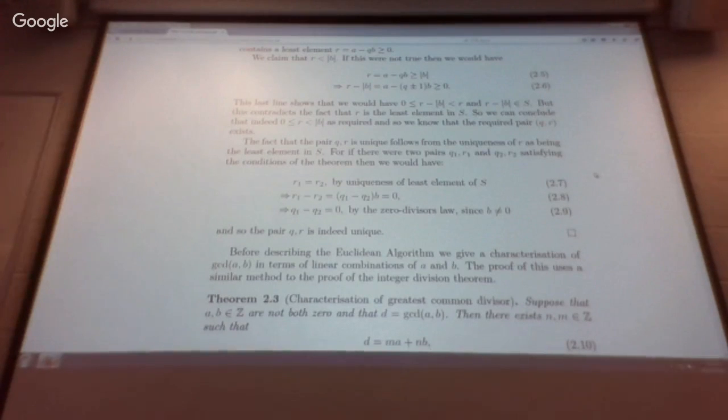Or x could be any number on the number line at all. So here's y, here's y plus 1, and x would be somewhere in this range, closed at the y end, open at the other end. So if x is somewhere in there, then the floor of x is y. Okay.